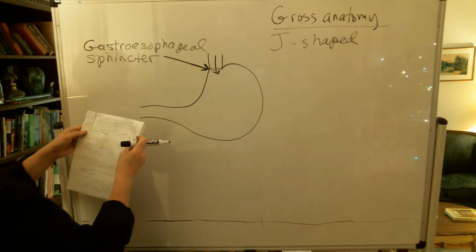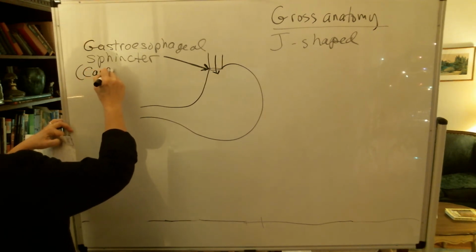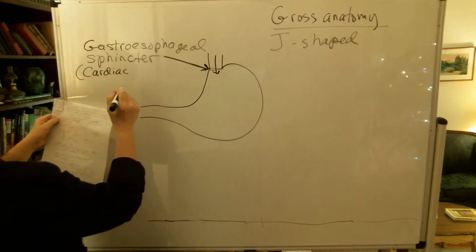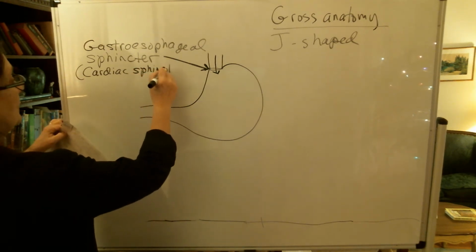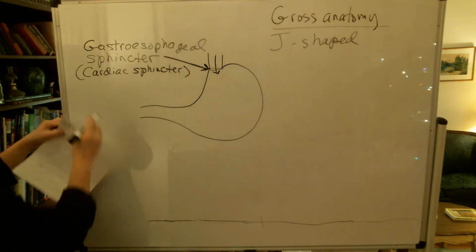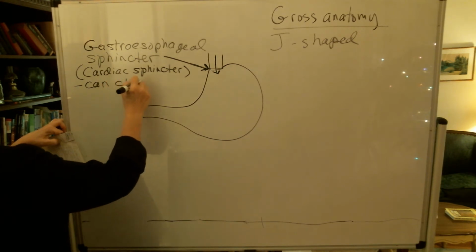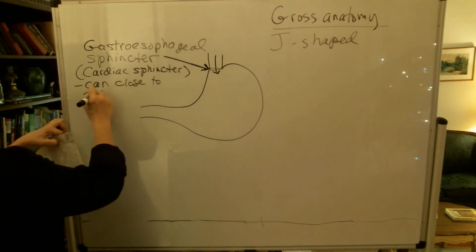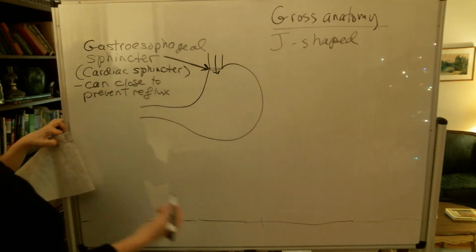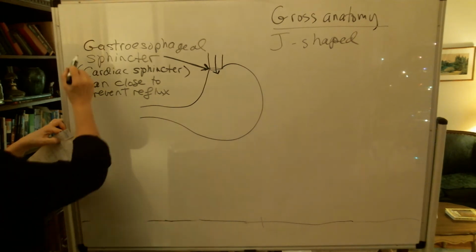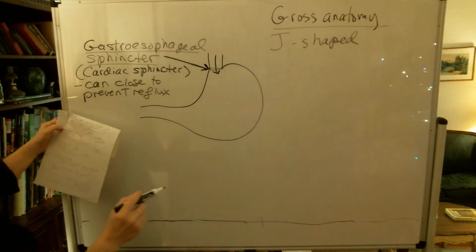So here we have the gastroesophageal sphincter, also known sometimes as the cardiac sphincter, which, as I said, can and sometimes does close to prevent what is known as reflux or backing up.